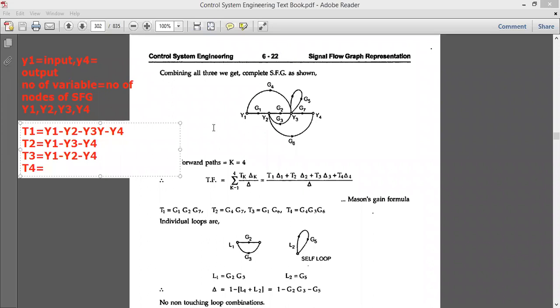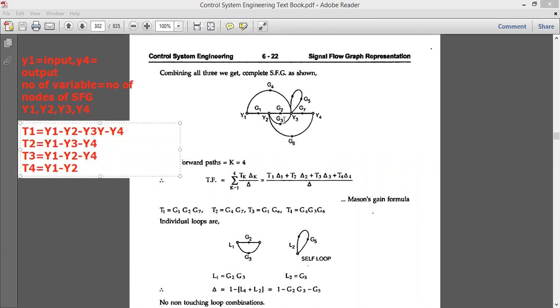It starts at point y1, then it will go to point number y2. For t4 we have g4, then g3 is here, then we have g6.